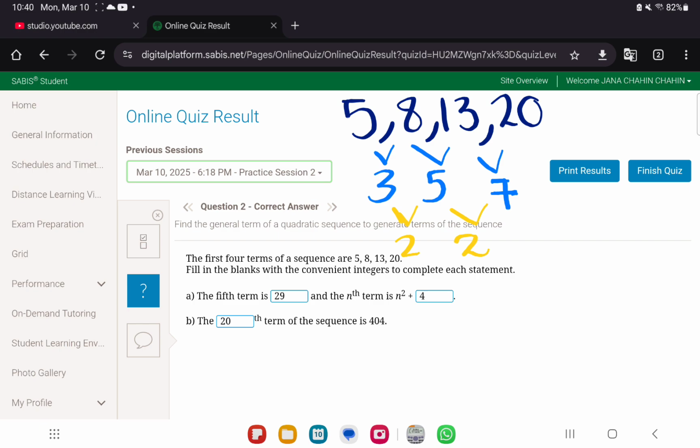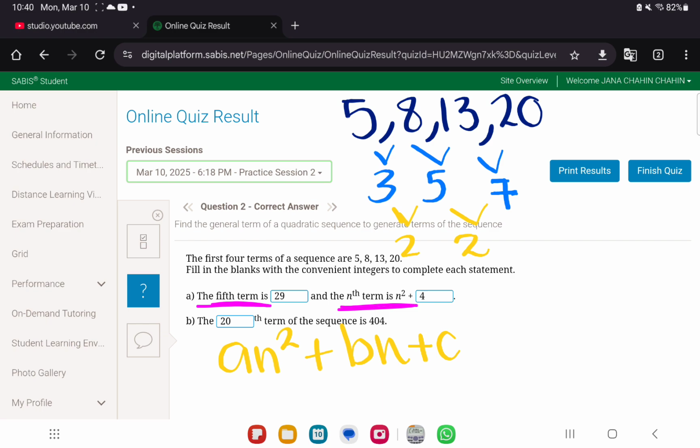For a quadratic sequence, the formula is an squared plus bn plus c. In this question they want us to find the fifth term and the nth term rule.